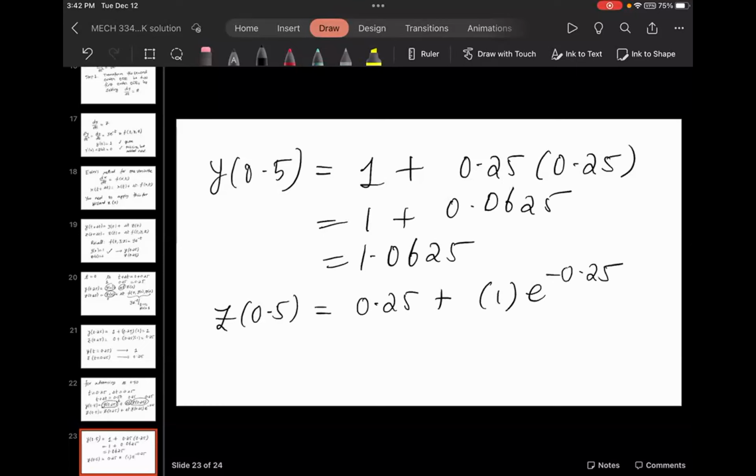So I'm going to use my spreadsheet. So that is 0.25 plus 0.7788, which is 1.0288.